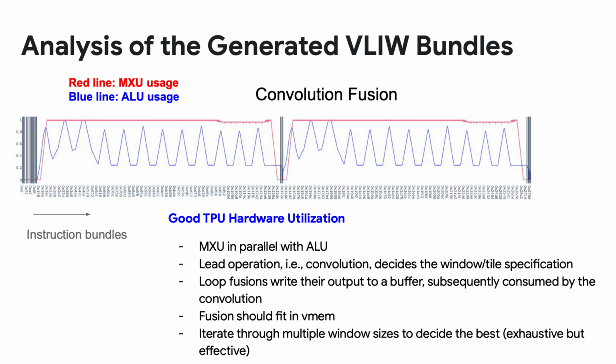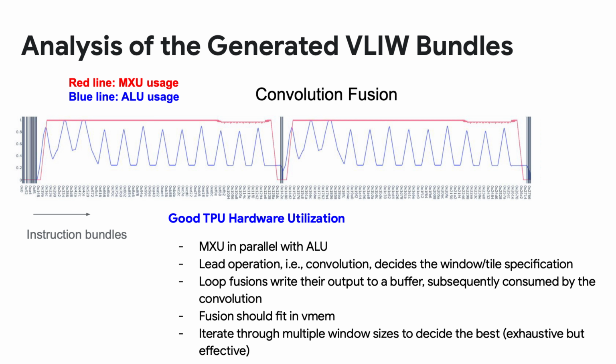Now I have to justify why this fusion was good, right? So how do I go about doing it? I do a bundle analysis. So bundles here represent the code that was generated for the TPU. And in this graph, you see the bundles on the horizontal axis. You can think of instructions.